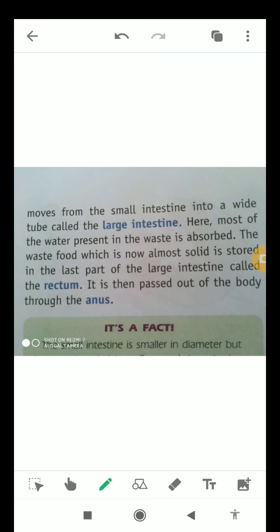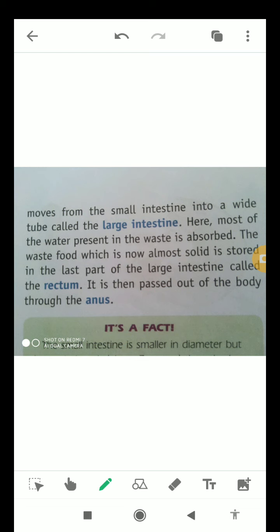The waste food, which is now almost solid, is stored in the last part of the large intestine, and that part in which the waste food is stored is known as the rectum, okay.